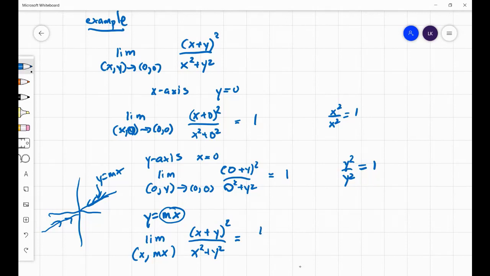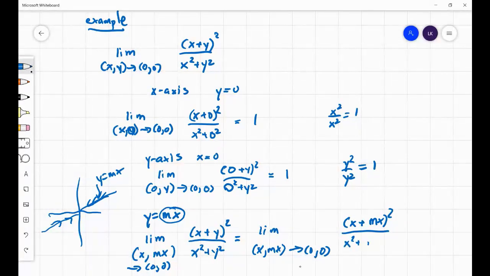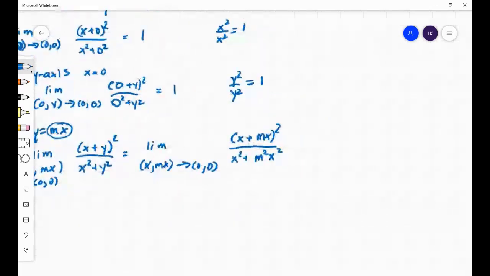So we get x plus (mx) squared on top, and x squared plus y squared on bottom.